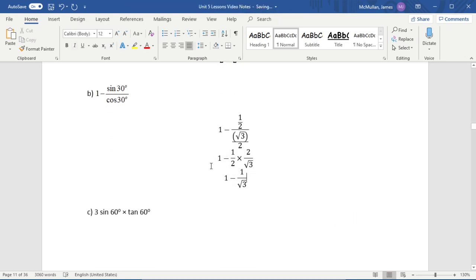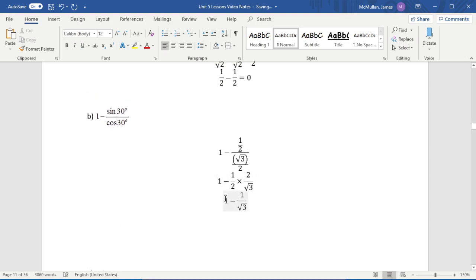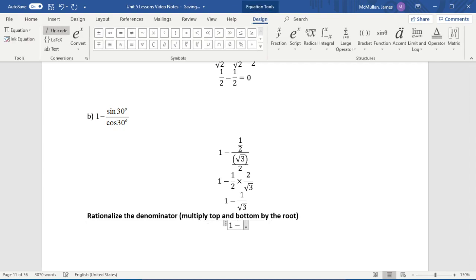Now, at this point, you should be wondering, okay, how do I actually make a common denominator here in order to solve this? What I would suggest actually is we rationalize. So I'm going to just put that in bold over here. Rationalize the denominator. Multiply top and bottom by the root. Okay, what happens?